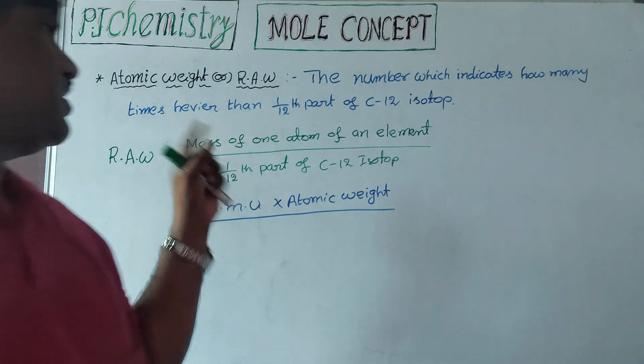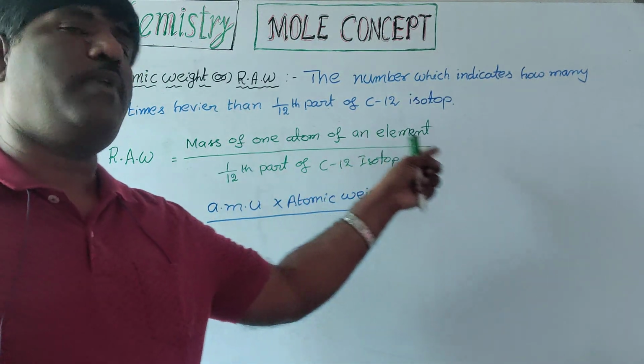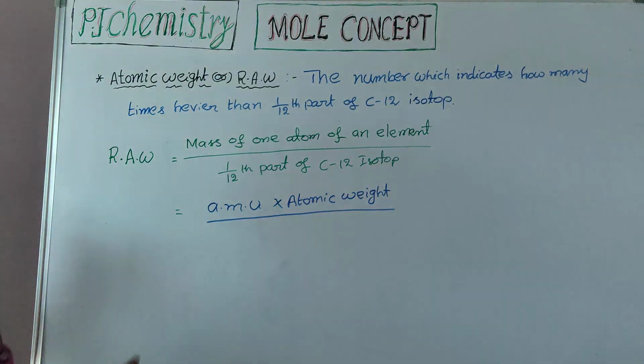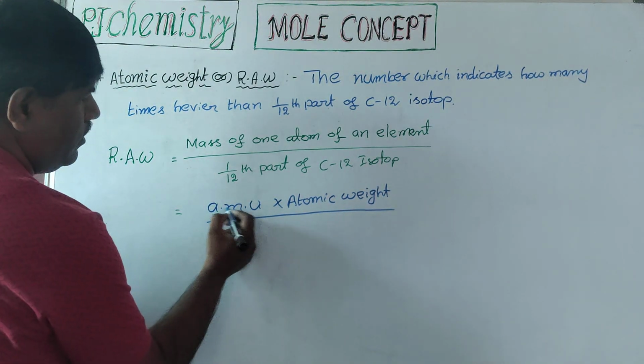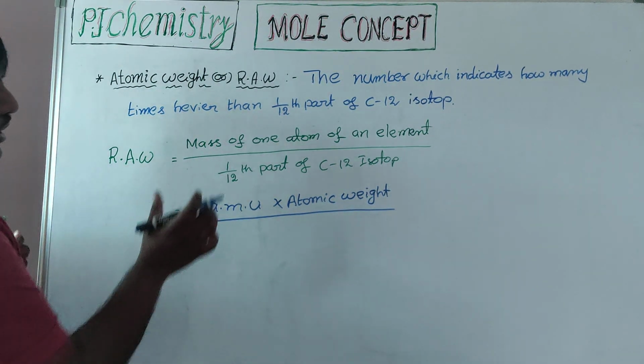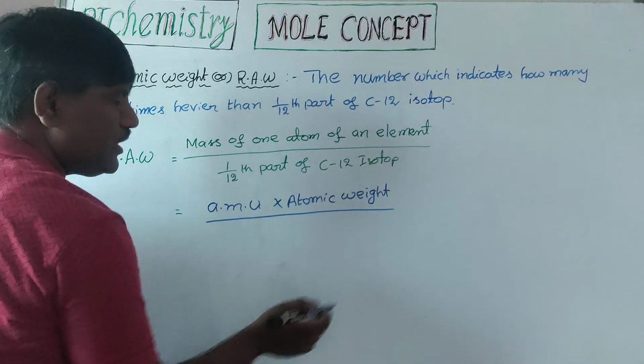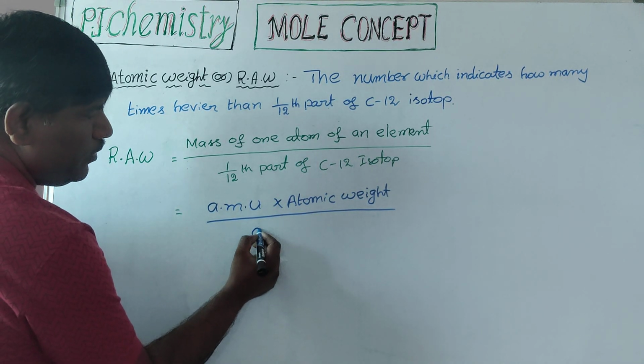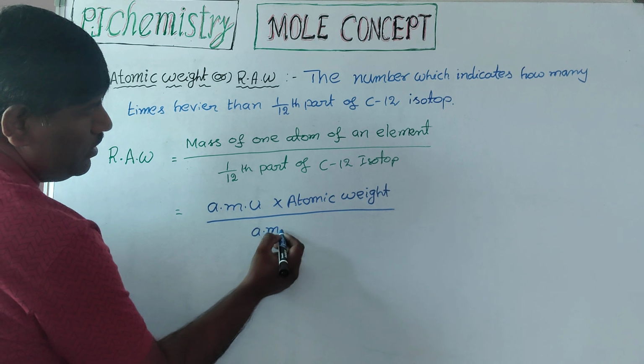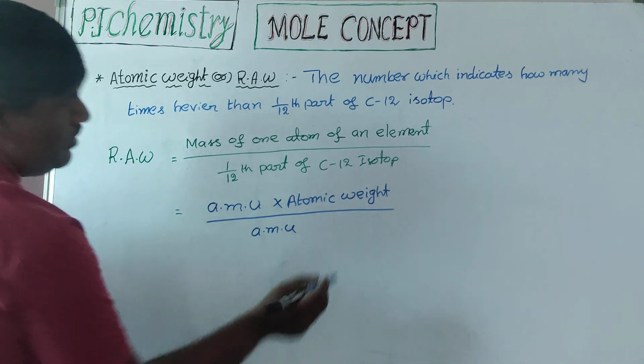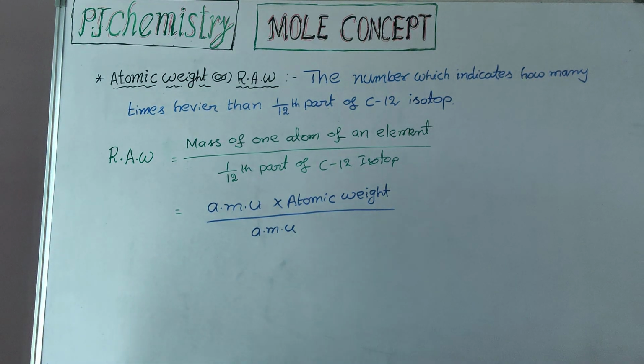AMU into atomic weight is nothing but the way to find the mass of one atom of an element. We discussed it clearly in the previous video; you will observe and get to know. Now, 1 by 12th part of C12 is nothing but AMU. This also we discussed in the previous video. Check it once and you will get clarity.